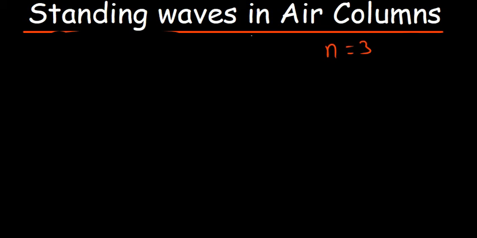We are going to say we'll have 1, 2, like that. So let's say it is open at just one end. How many loops do we have? We have 2 here.